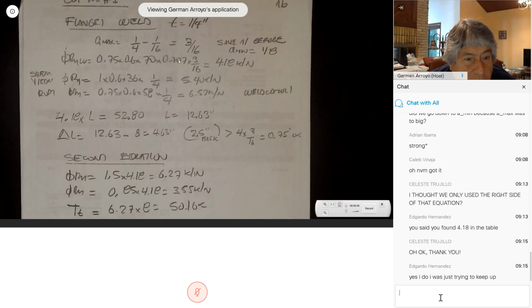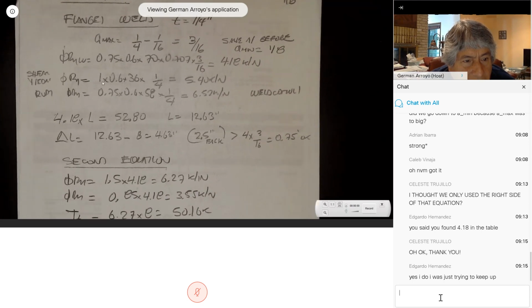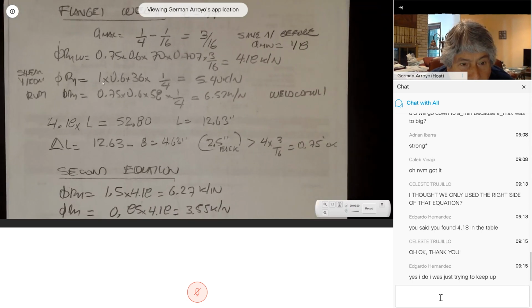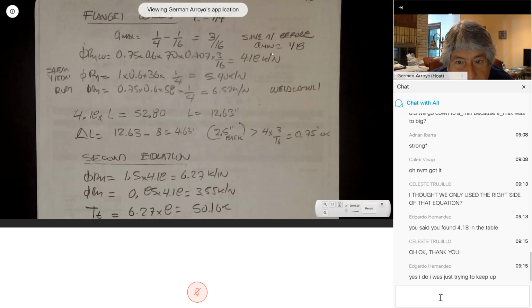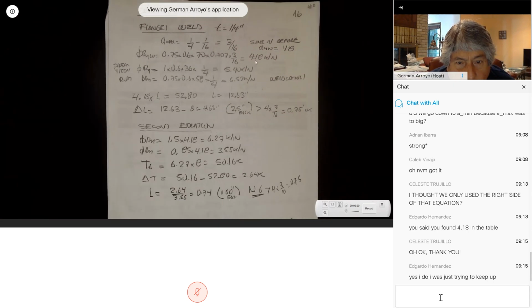I had to do the shear yielding and shear rupture. And here I did shear yielding for the plate and shear rupture for the plate. So we had 4.18, 5.4, 6.52.